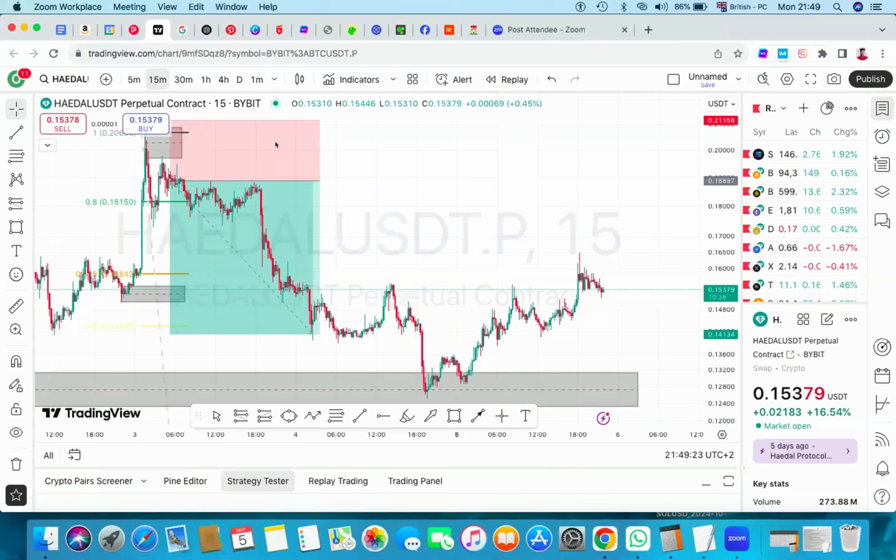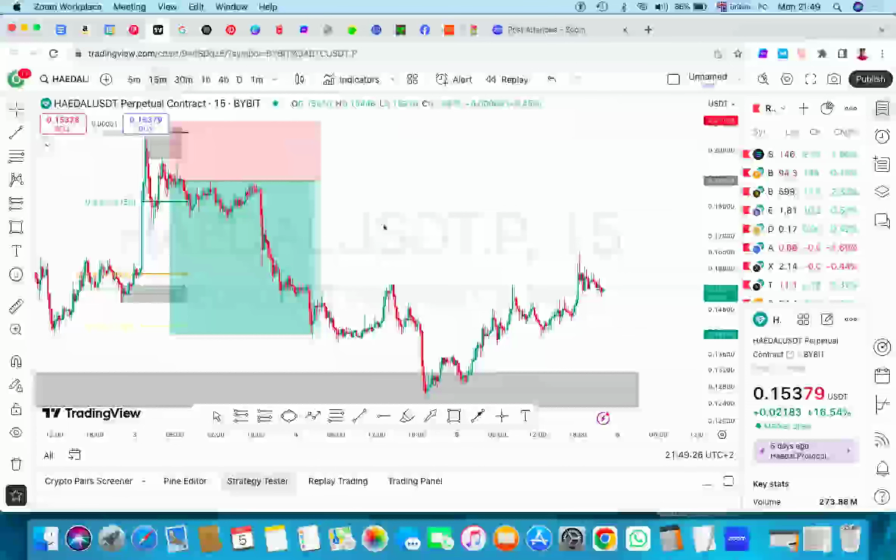Okay. Can we all see my screen? If you can see my screen, type one in the chat box. Okay, okay. That's amazing.